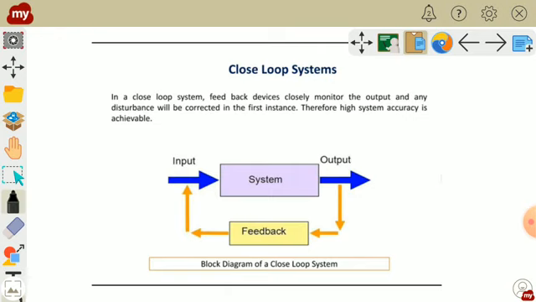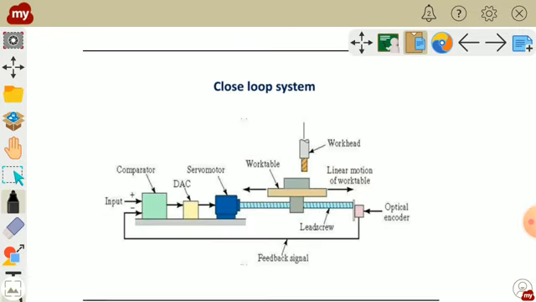So in a closed loop system, feedback devices closely monitor the output, and any disturbance will be corrected in the first instance. Therefore, high system accuracy is achievable in a closed loop system.